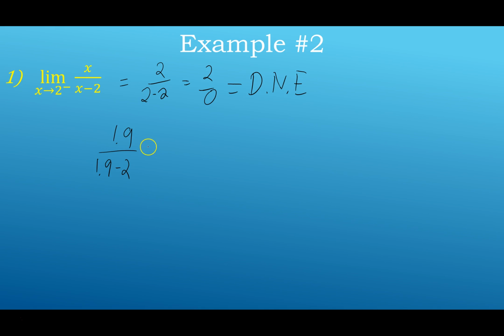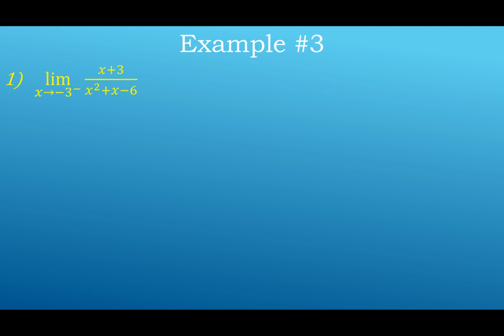So 1.9 minus 2 is negative 0.1. 1.9 divided by negative 0.1 is a negative 19. Because we're talking about a negative number, that means this limit is really negative infinity. It's really that straightforward. You just, like I said, plug in a number that's a little bit to the left or a little bit to the right of the value you want to work with.